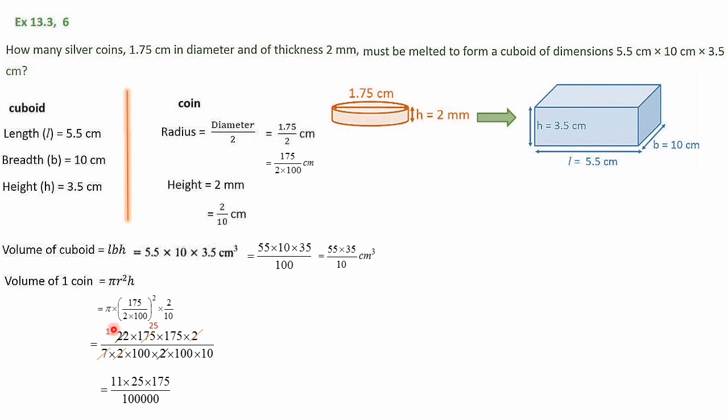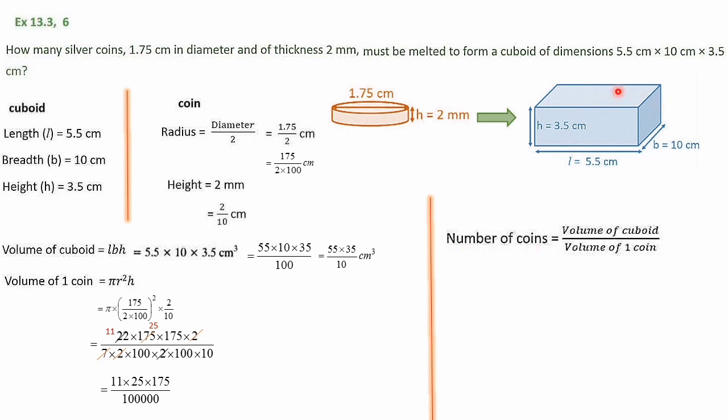That is equal to 11 into 25 into 175 divided by the denominator, which has here 2 zeros, here 2 zeros, here 1 zero, total 5 zeros. 1 2 3 4 5 means 1 lakh. Let it be here because the denominator is a multiple of 10, easy for us to calculate. Let it be the same.